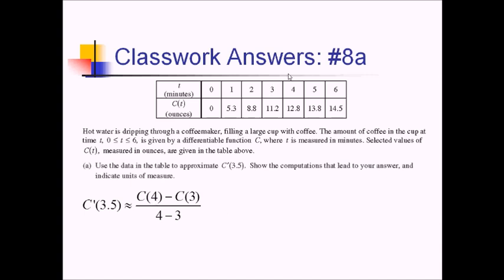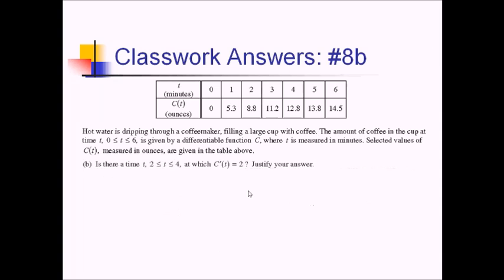So that's going to be 12.8 minus 11.2 over 4 minus 3, which is just 1 there. So this is just going to be 1.6. And that's going to be ounces per minute because my original units was ounces, and I'm finding the rate of change of that with respect to time, so that's ounces per minute.